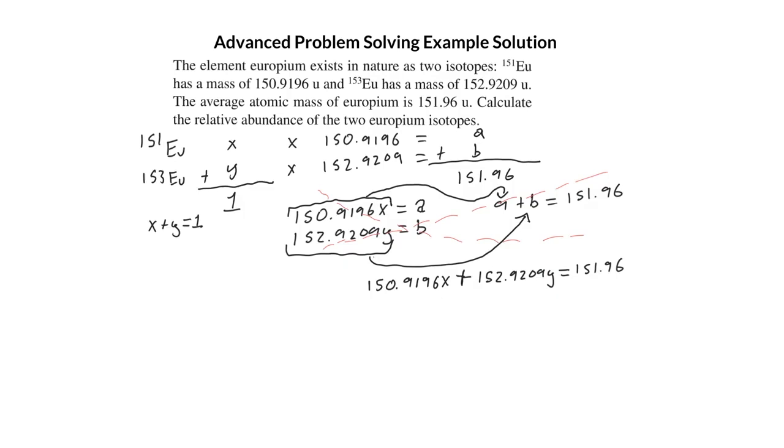I think the simplest thing to do is to subtract y from both sides here. And what we end up with is x equals 1 minus y. Now wherever there's an x, we substitute in 1 minus y for it. That happens to be right here. So we can simplify the expression.